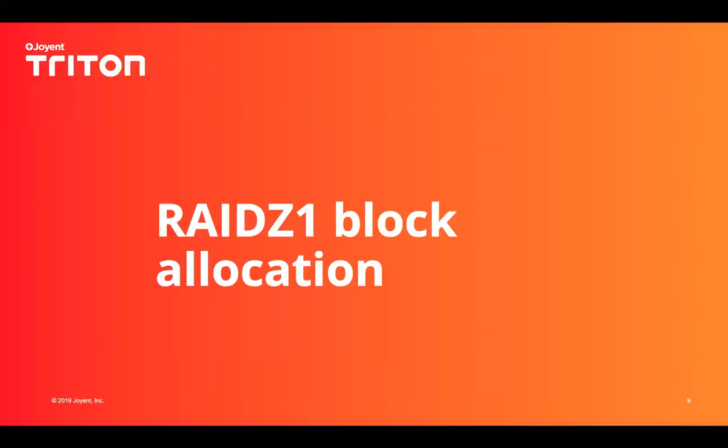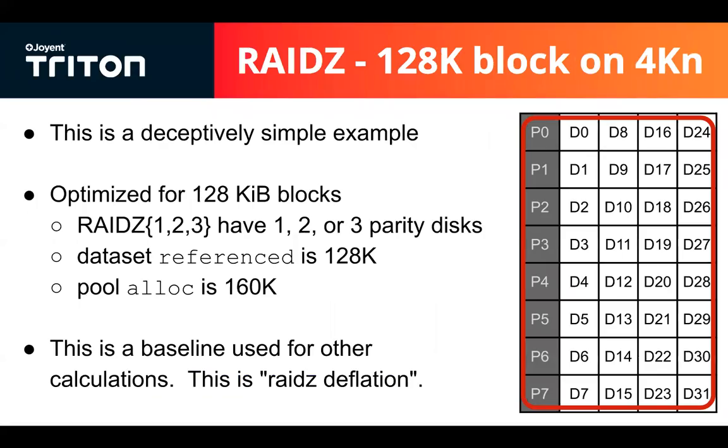So, RAIDZ block allocation. Since we're really concerned about what's happening on 4KN disks, all of my examples are with 4KN disks. Here I show the disk sectors across 5 drives that are involved in a write of a 128K block.